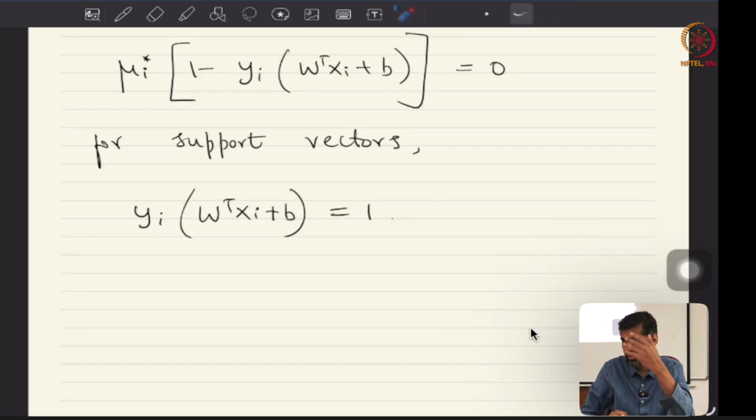If I have to run through a summary, we are looking at data that is linearly separable, and we are looking at linear discriminant functions. There are infinite discriminant functions that are possible. Amongst all possible discriminant functions, the question that we are asking is, give me the one that is optimal in the sense of maximizing what is called the margin.